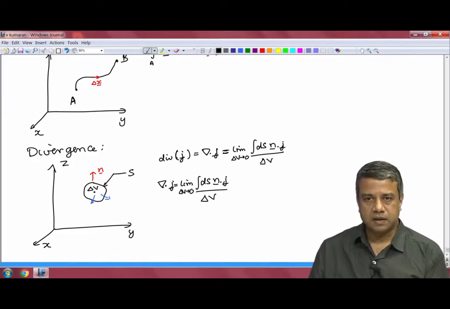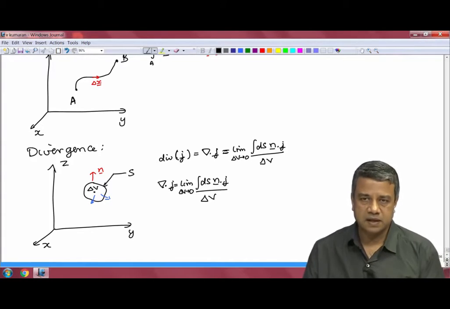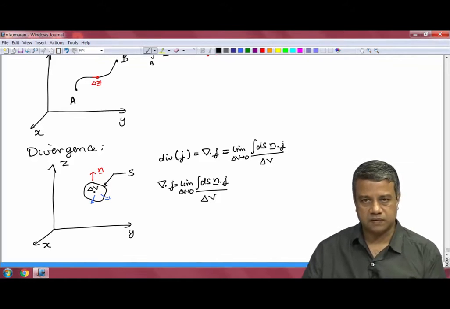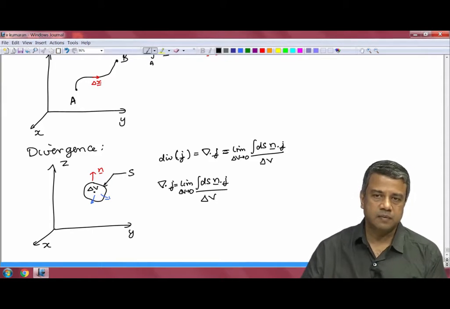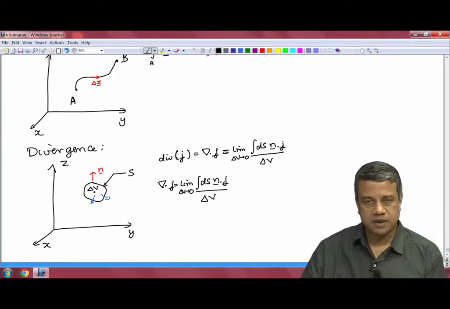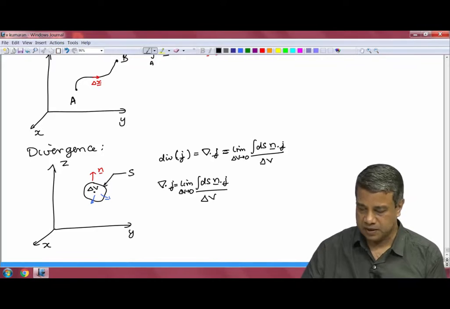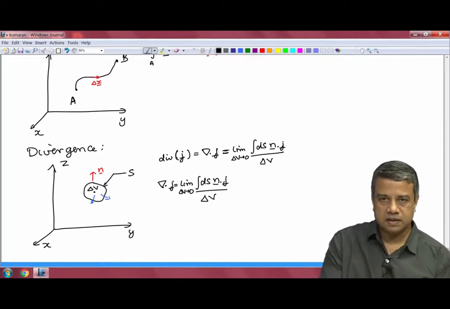The divergence of the flux is the net transport rate out of this differential volume divided by the volume itself in the limit as the volume goes to 0. And this divergence is literally the divergence.